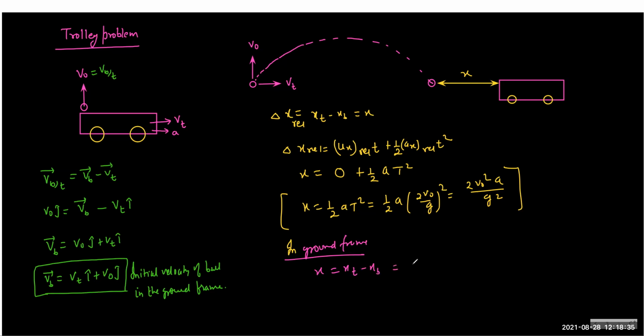What is x trolley? Vt t plus half a t square, minus what is the ball? Vt t. That's it, the range formula. So this is a one-line answer, half a t square. And finding the time of flight, you know the answer. So it's again the same.